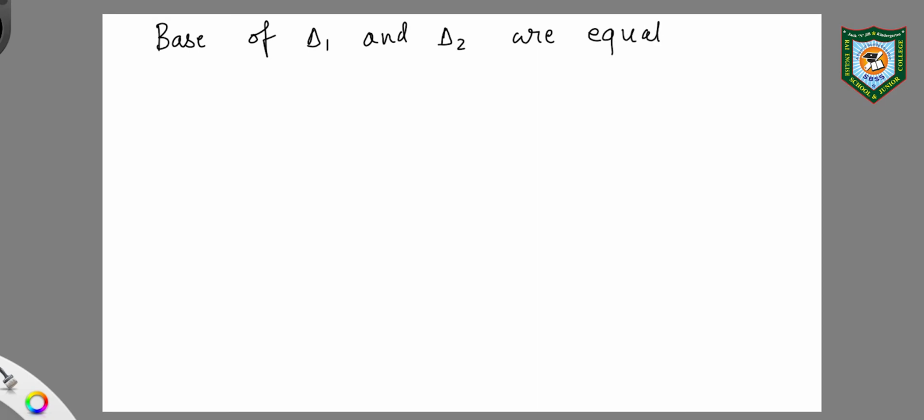Now, what happens if the bases are equal? Let's say I have triangle XYZ and triangle PQR, and in this case YZ is equal to QR.